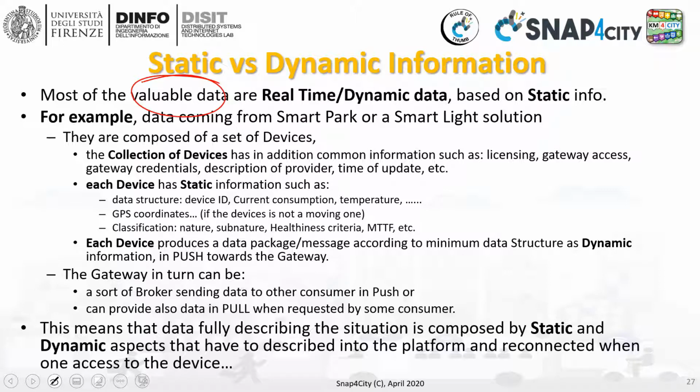So they can use Google to browse and to see what is around, but maybe they don't have the precise information of the traffic, they don't have information of the status of the parking, they cannot interact with the smart light, and so on. Okay?